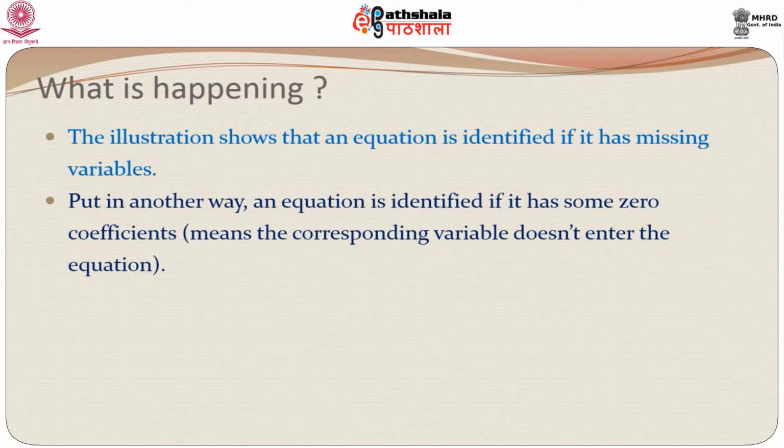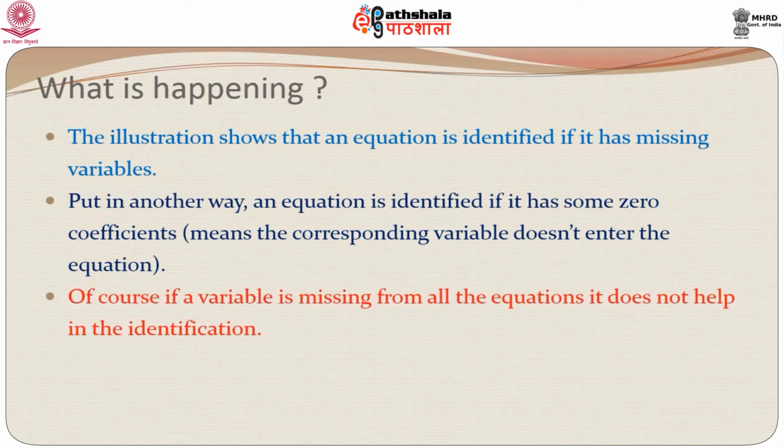This is because when you say it has a 0 coefficient, what you really mean is that you are putting a restriction on the coefficient, you are making it 0, and we will see that these restrictions play a large part in the identification problem. Of course, if a variable is missing from all the equations, it does not help in the identification.